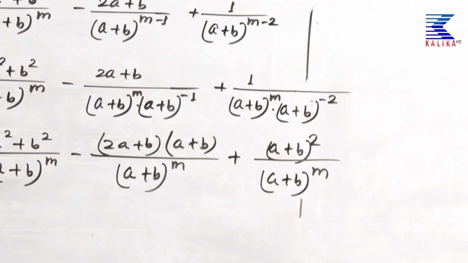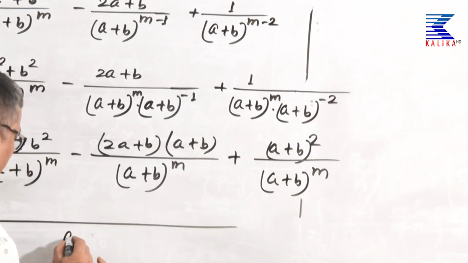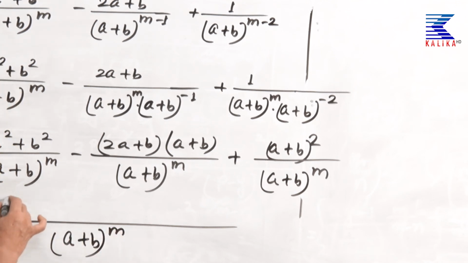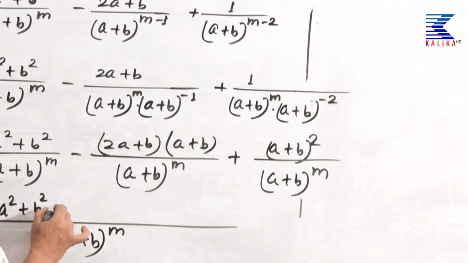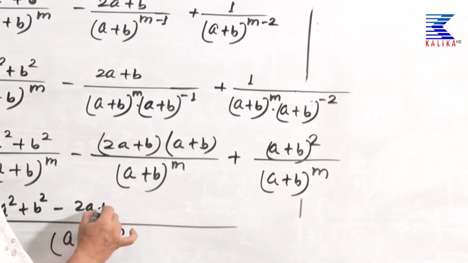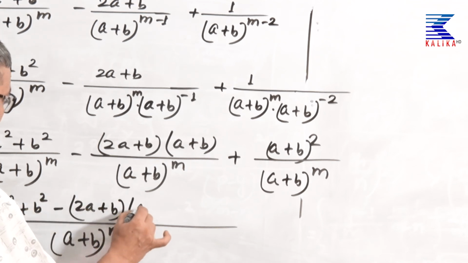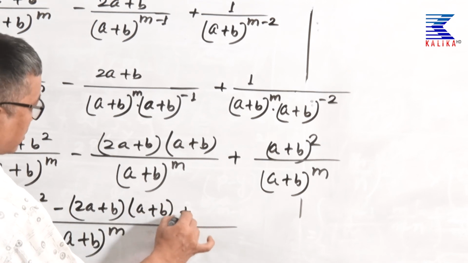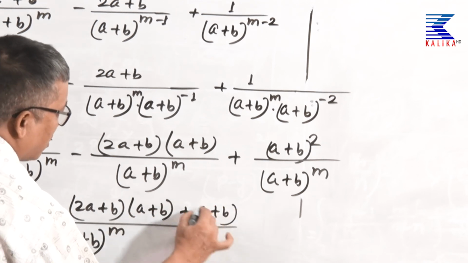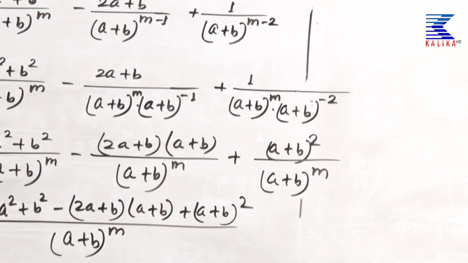Now, taking LCM, what is the LCM? (a plus b) to the power m. Okay. a square plus b square minus 2(a plus b)(a plus b) plus (a plus b) whole square. Clear?